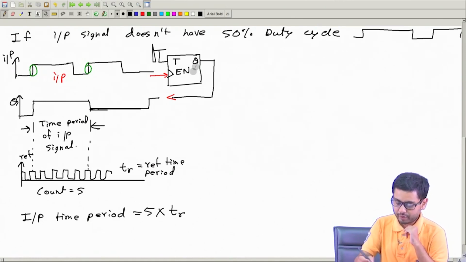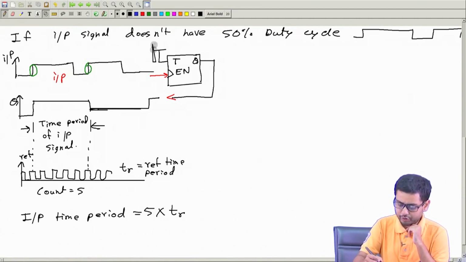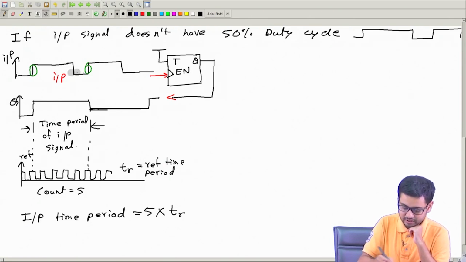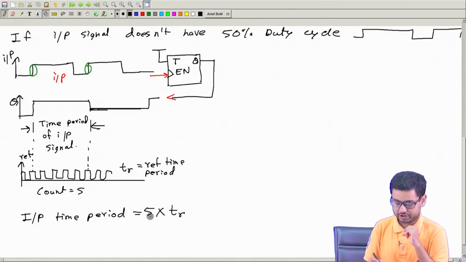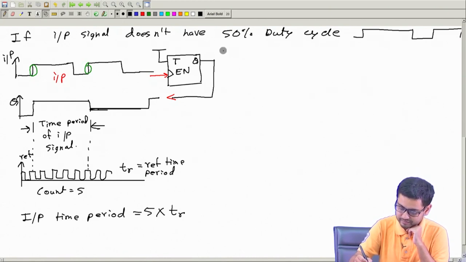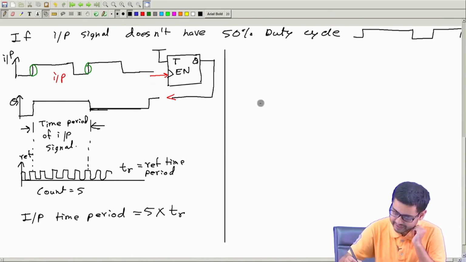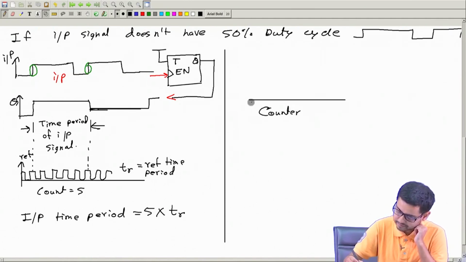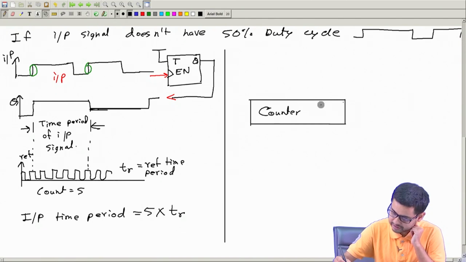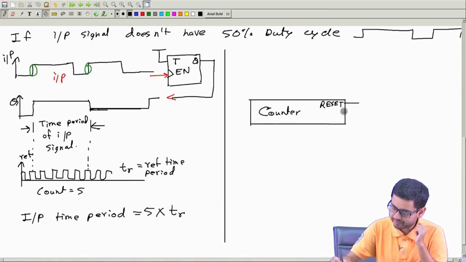So, we can use a flip flop like this before the input. This input will be passed through this flip flop, and then we can use it. In this case, if I draw it schematically, I will have this counter, and it will have this reset input to make it 0 initially, and of course, this clock, which is most important.